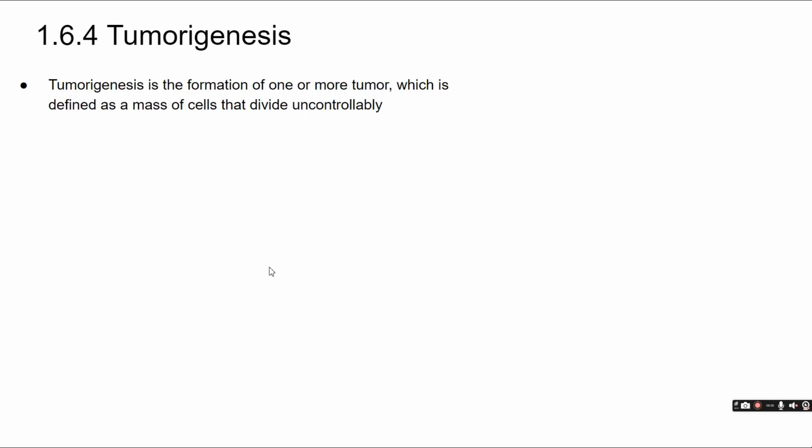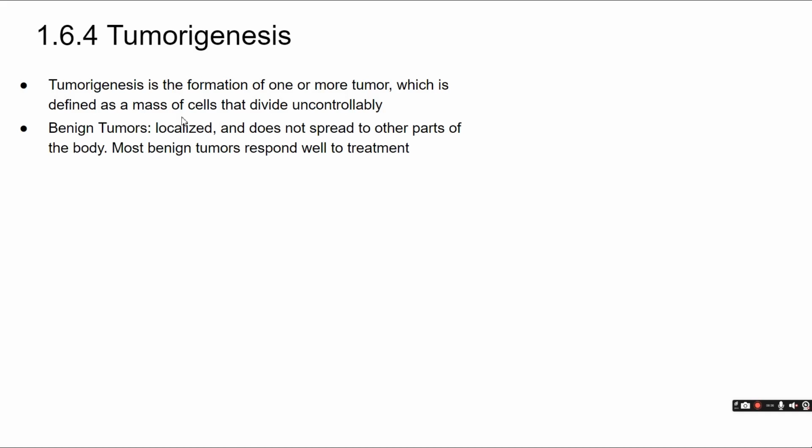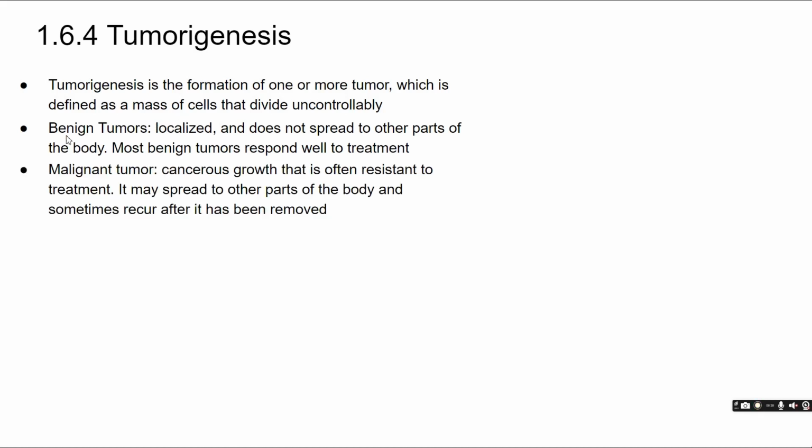Tumorigenesis. So tumorigenesis is the formation of one or more tumors, which is defined as a mass of cells that divide uncontrollably. So we have two types of tumors: benign tumors and malignant tumors. Benign tumors are localized and do not spread to other parts of the body, while malignant tumors are cancerous growth that is often resistant to treatment, and it may spread to other parts of the body and sometimes recur after it's been removed.